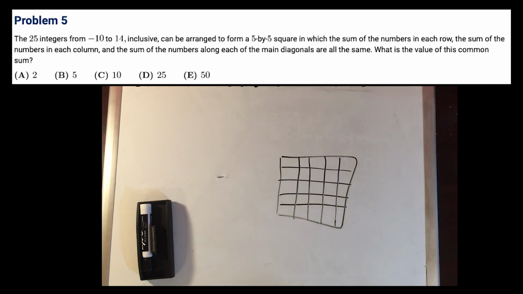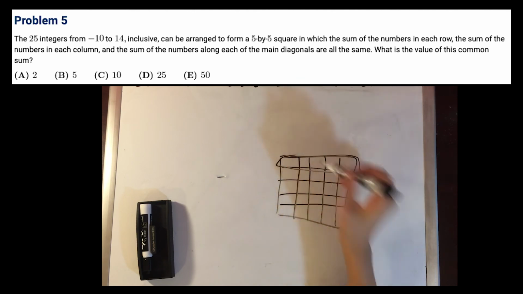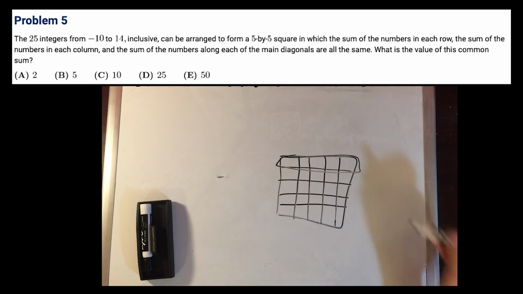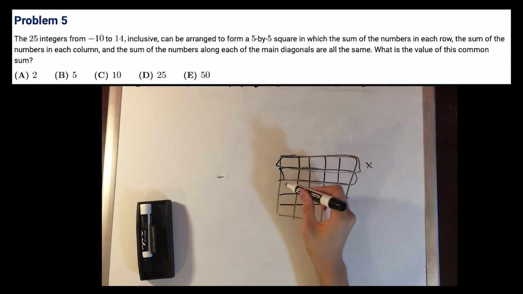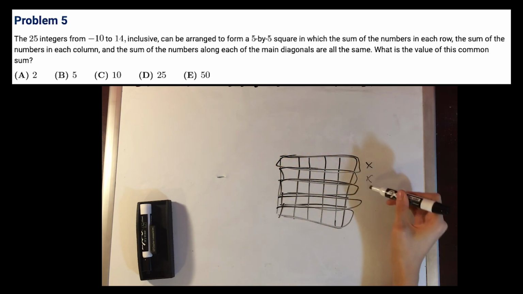And so what I mean is that we can take each of these rows. Now each of these rows sum to a common sum, right? So I'll call this common sum x. If we take each of these rows, they'll all sum to this common value x.